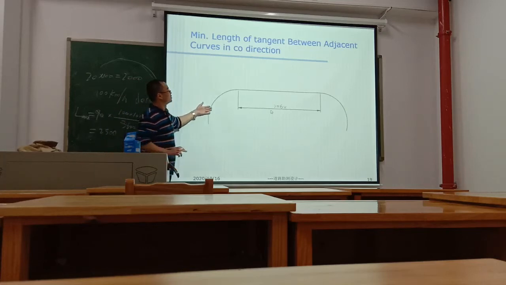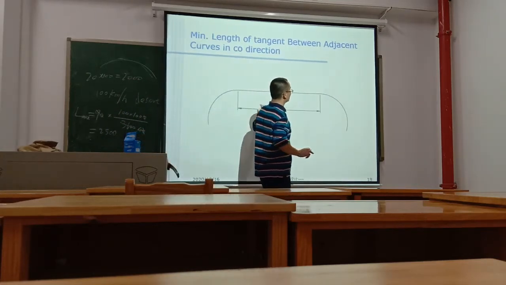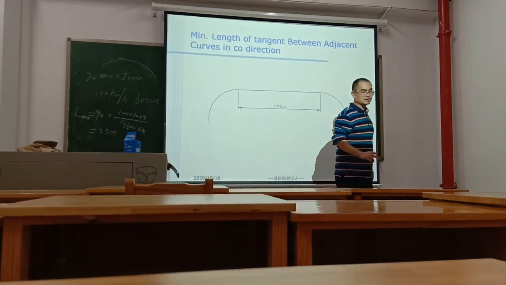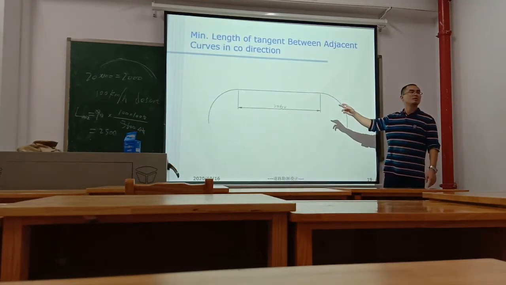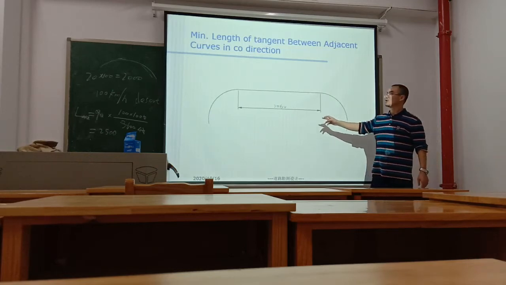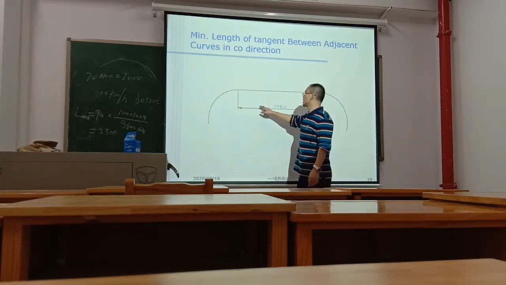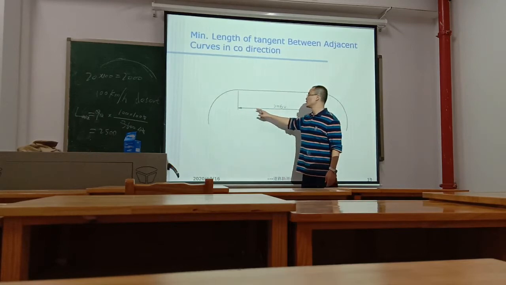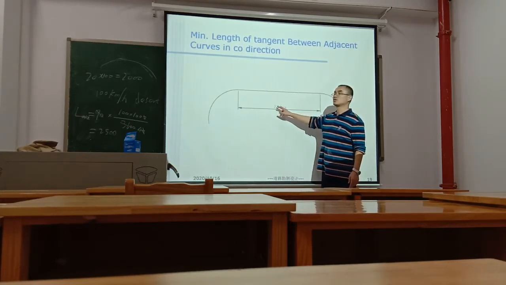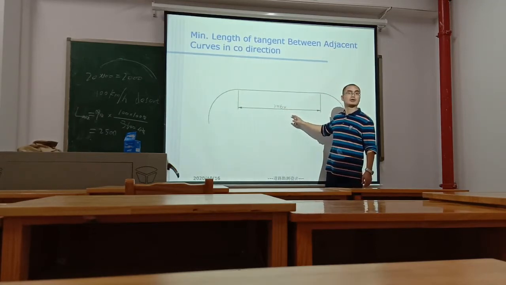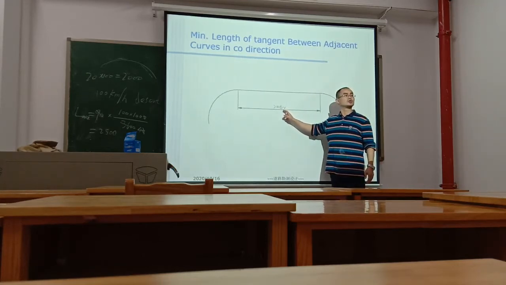Let's see. One circular cap, the other circular cap with the same direction. This straight line or tangent is greater than or equal to 6 times the velocity.